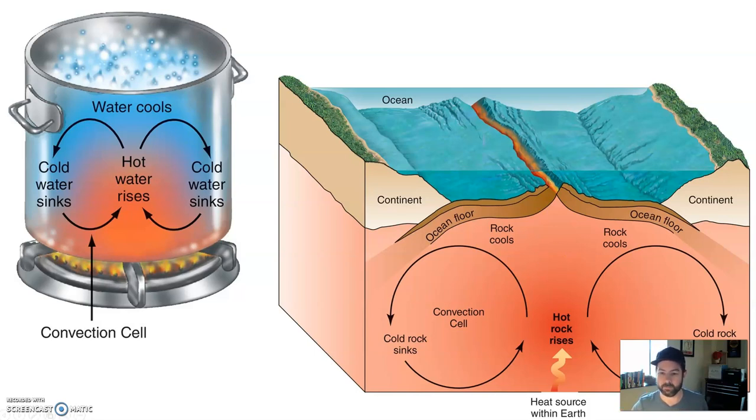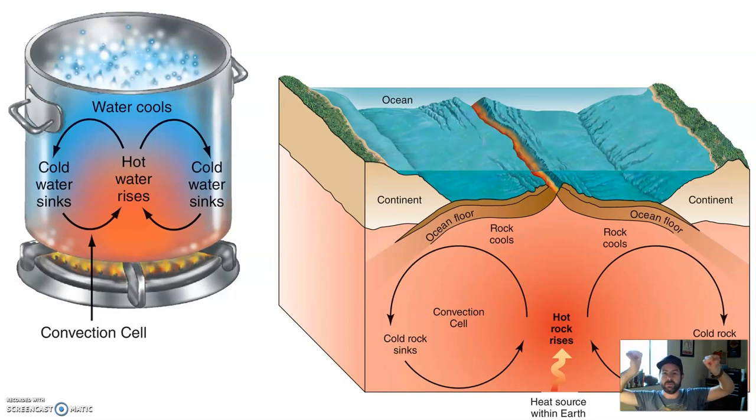So as that mantle material rises and encounters these overlying crusts, these overlying plates, as that mantle material rises and kind of makes its way off, it kind of starts to pull on the crust and break it apart and start to move the crust, move these large plates of earth.